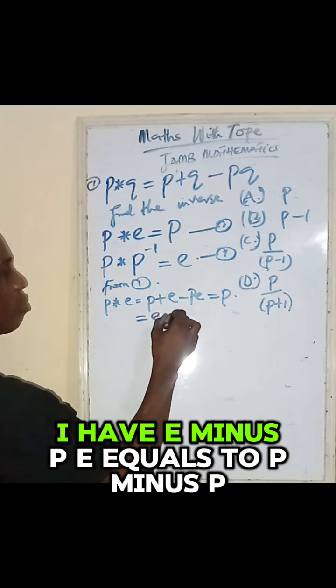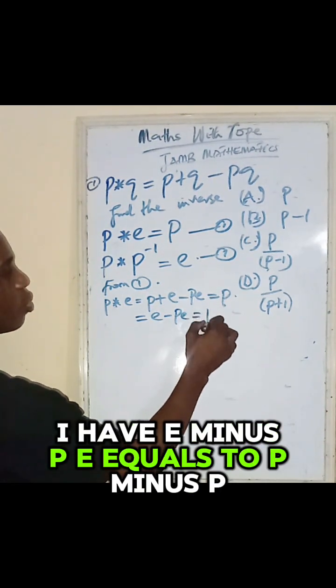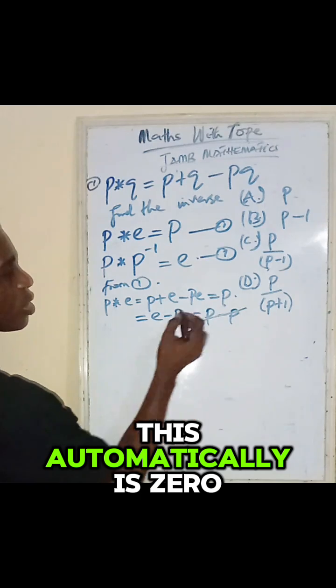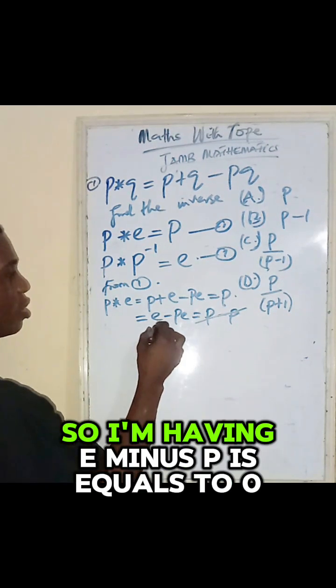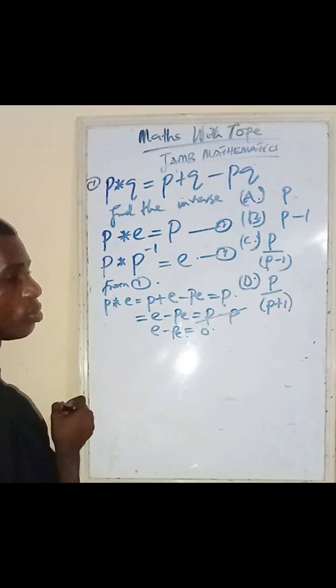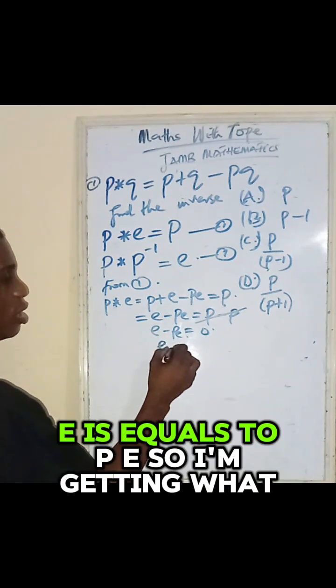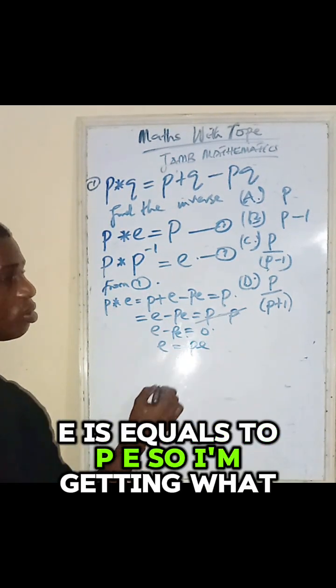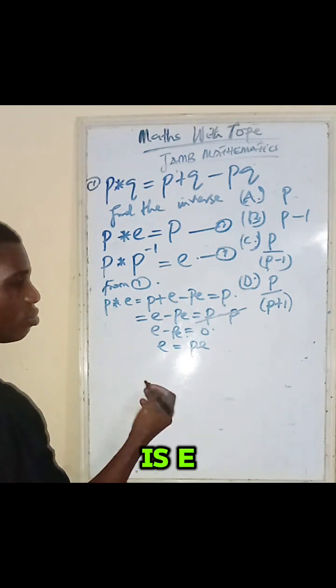I have E minus PE equals P minus P. This is automatically 0. So I'm having E minus PE equals 0.